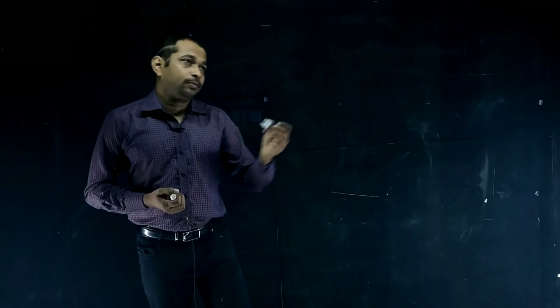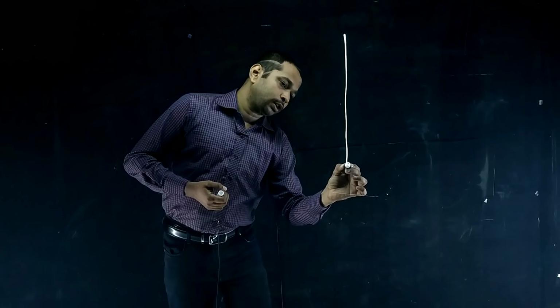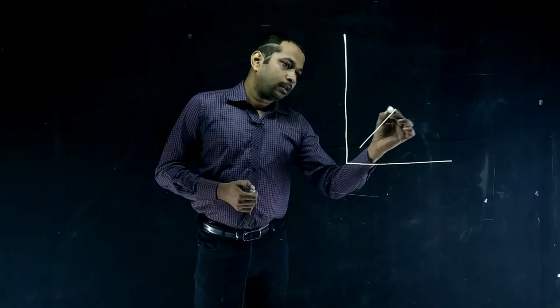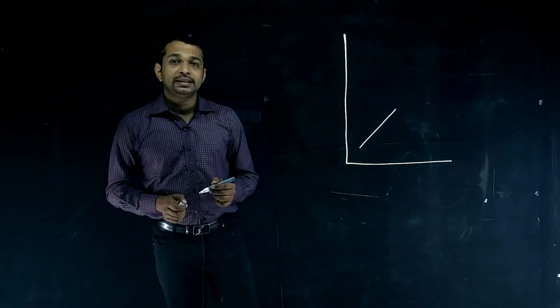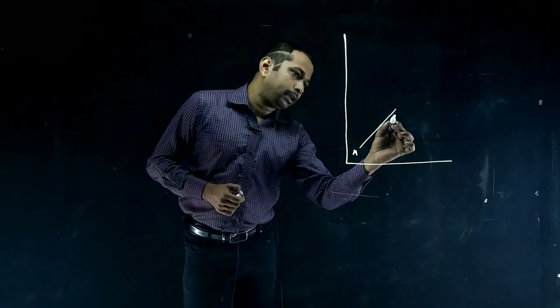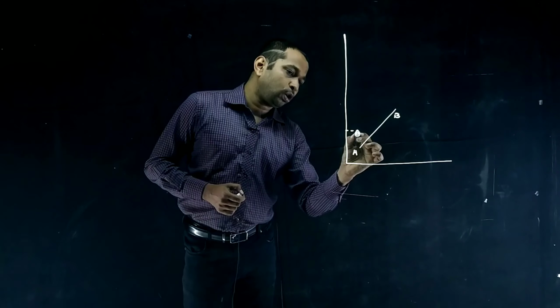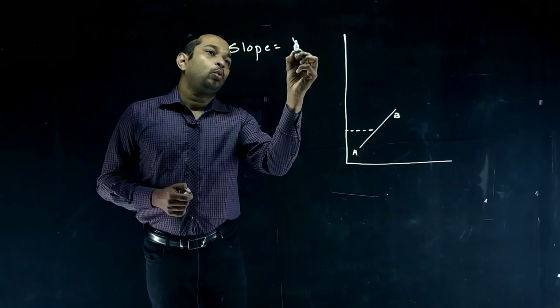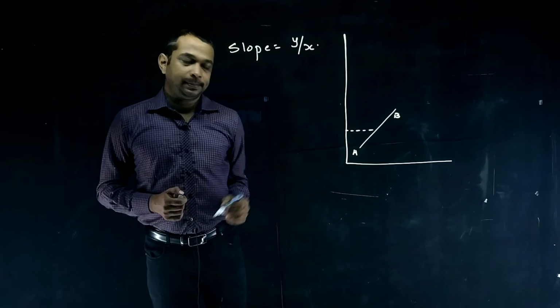Now what do you mean by slope of a graph? Suppose you have a graph like this. What is the slope of this line? Suppose this is AB. The slope simply means y by x.